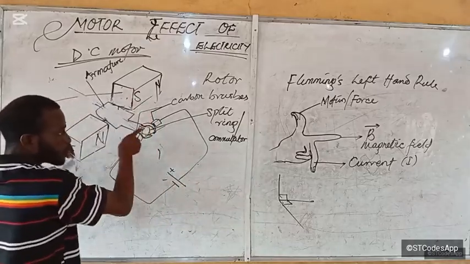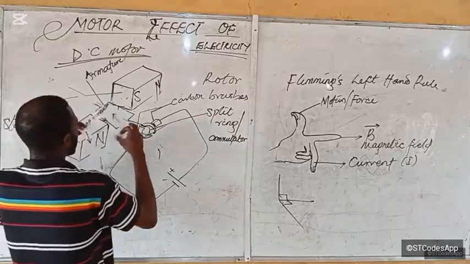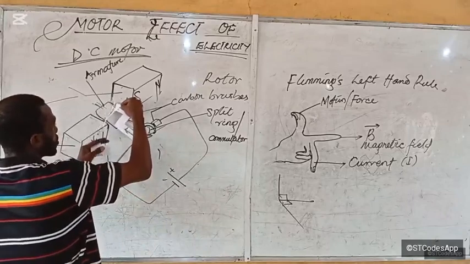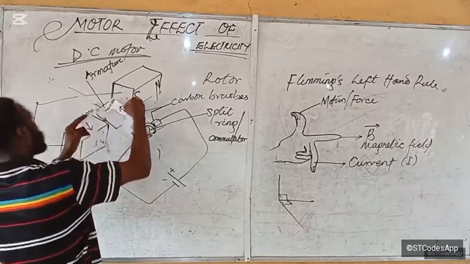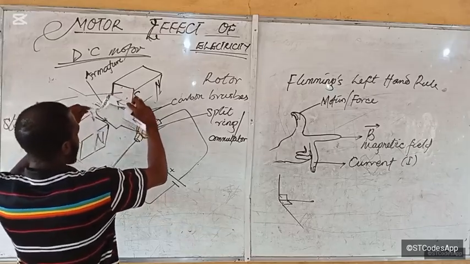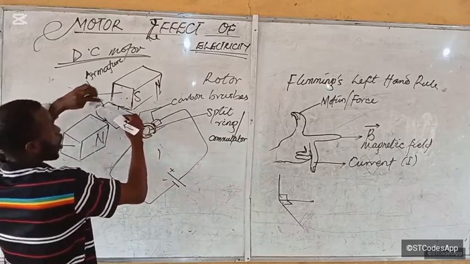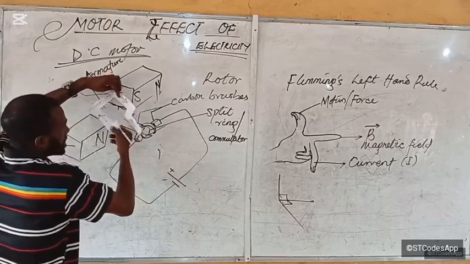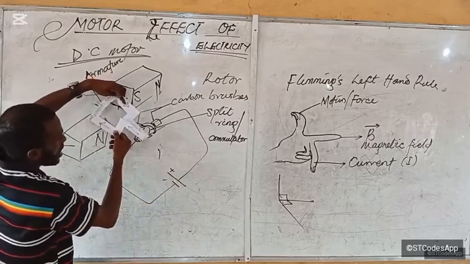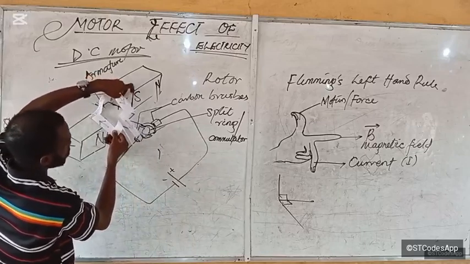I want you to understand the use of this split ring or commutator. As the current is flowing in this direction, this guy is going to feel a force downwards, and at the same time, this point here will feel a force upward, right? Now, if you look at it here, the direction of current wants to reverse. Do you see this?